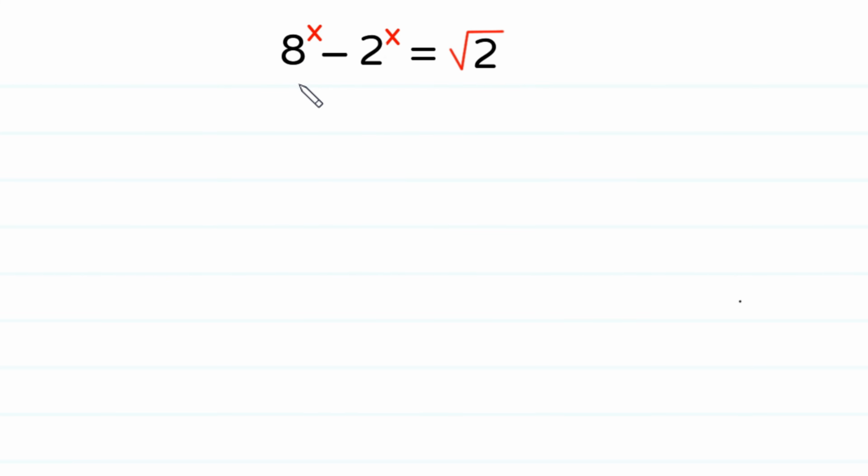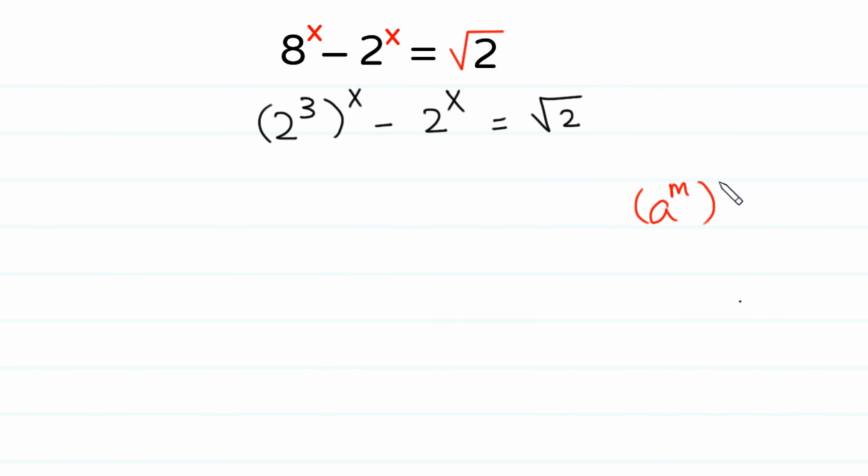This 8 can be written as 2 to the power 3, to the whole power x, minus 2 to the power x is equal to square root of 2. Next, according to the rule of exponents, a to the power m to the whole power n is equal to a to the power n to the whole power m.